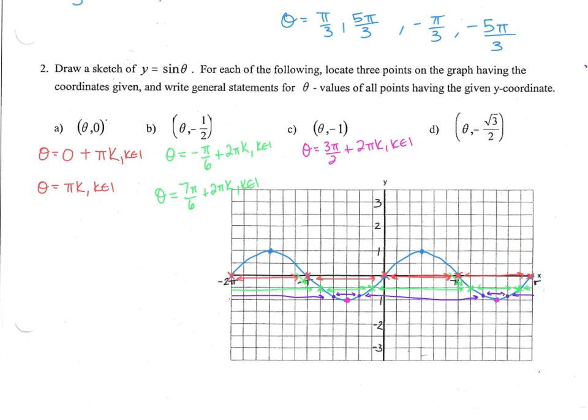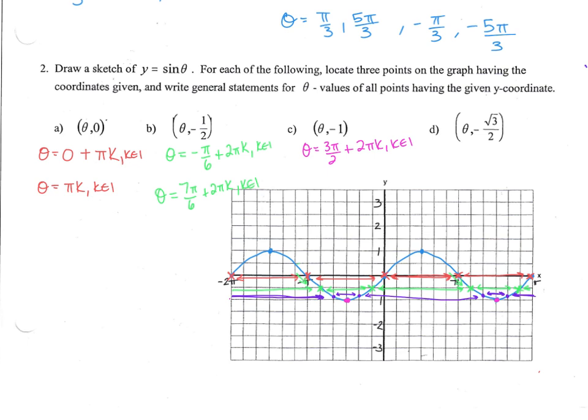The distance between these two points is not the same as the distance it would take to get all the way back to here. So that tells us that we cannot write one general statement, because how do you write a general statement that talks about, well, I'm going to add this here, a smaller amount here, and then a bigger amount? So that's why we have to write these two statements, to take into account what's happening.